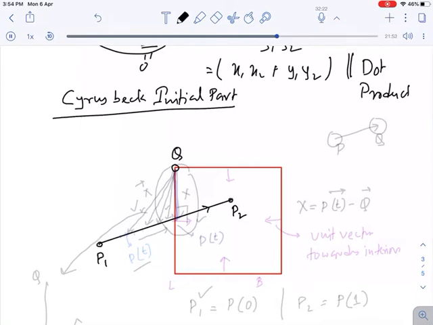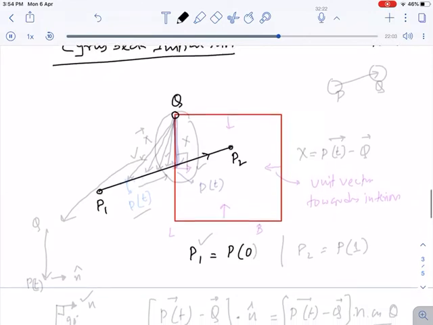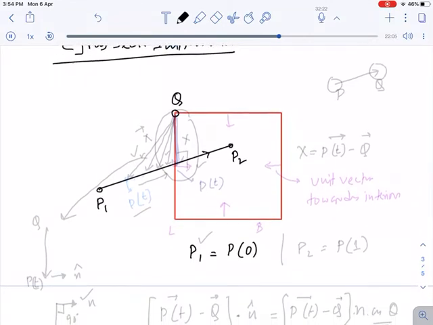In this case, what is the initial point P1 in terms of the parametric equation? At t equals 0, the point is P1. And P2 is the point when the t value is 1, the last point.